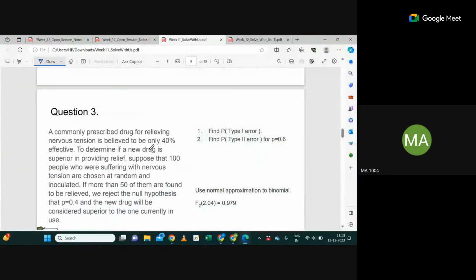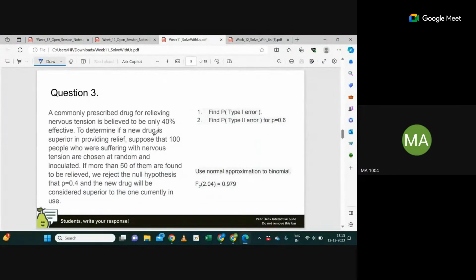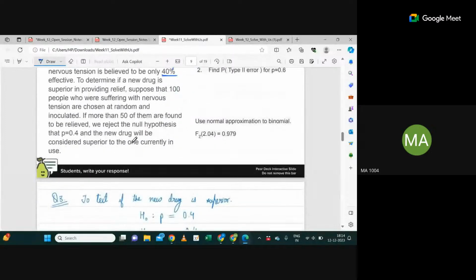Sure. The question says a commonly prescribed drug for relieving nervous tension is believed to be only 40% effective. That means this is your success probability, right? Yes, sir. Now, to determine if a new drug is superior in providing relief, how will you decide whether it's superior or not?